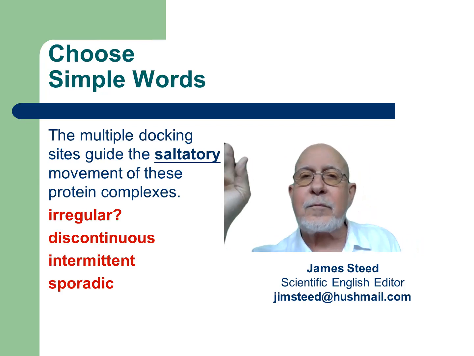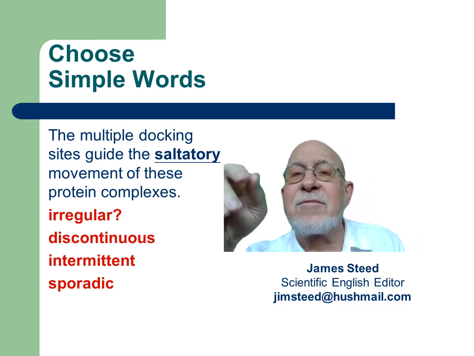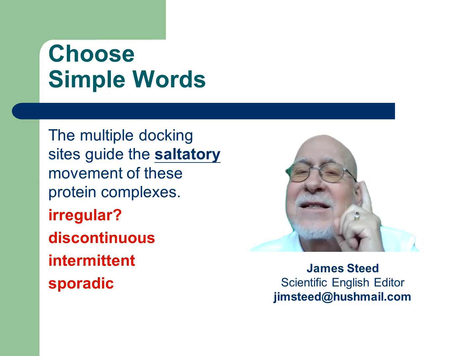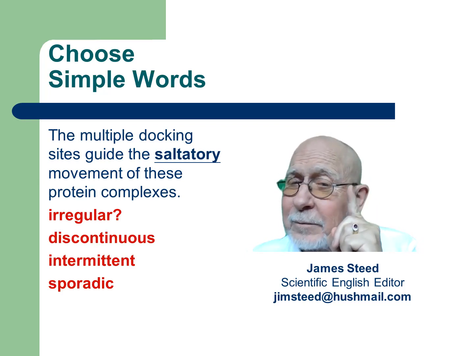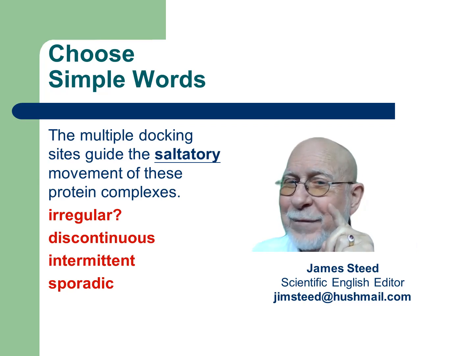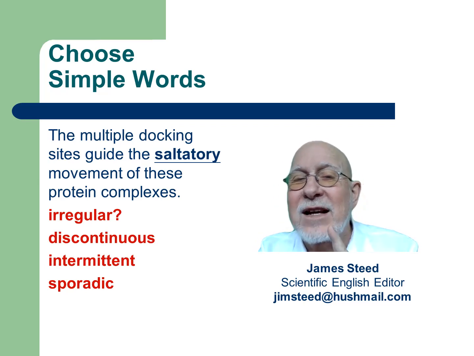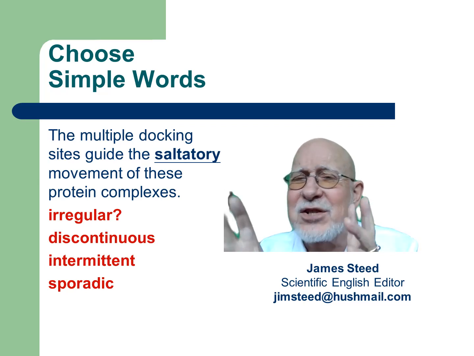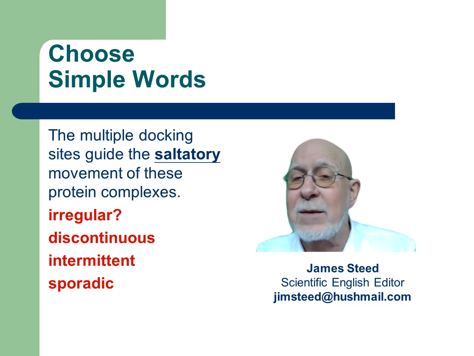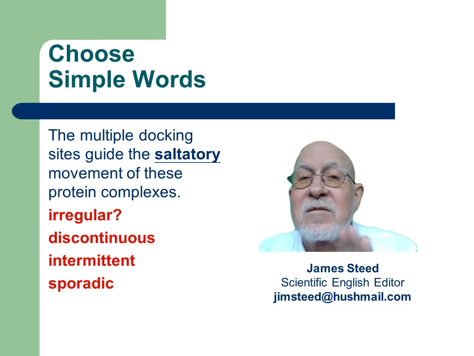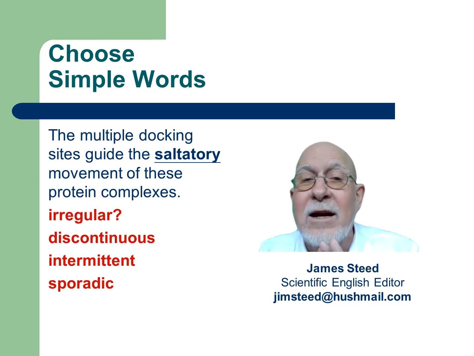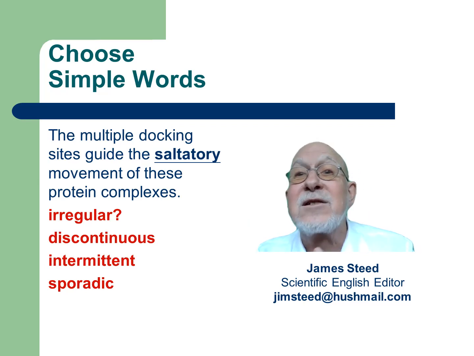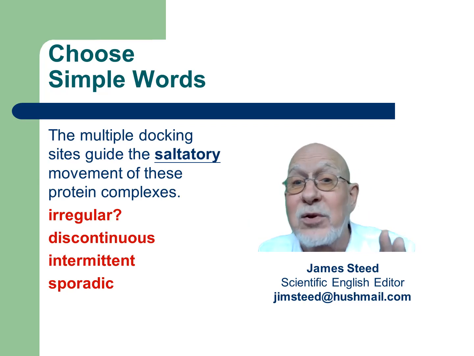Now, Einstein said everything should be made as simple as possible, but not simpler, all right? So saltatory could mean irregular, but that's just a little too simple, because saltatory means to stop, go, at irregular times, right? Where irregular could be slow, fast, not just stop, go.